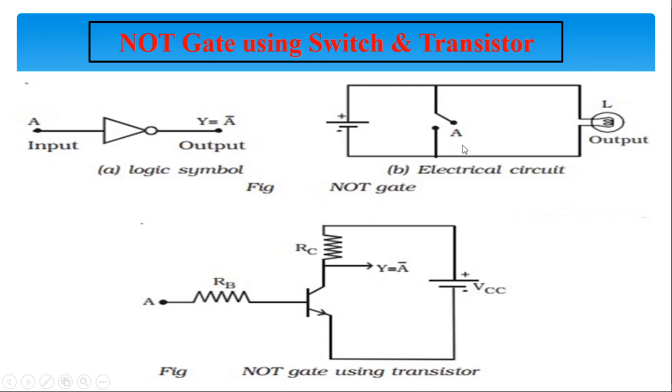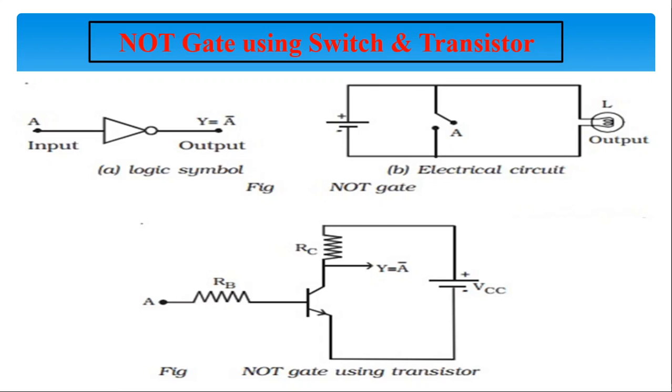The NOT gate can be thought of like an electrical circuit as shown in figure B. Let us now consider an electronic circuit consisting of battery, switch and lamp.